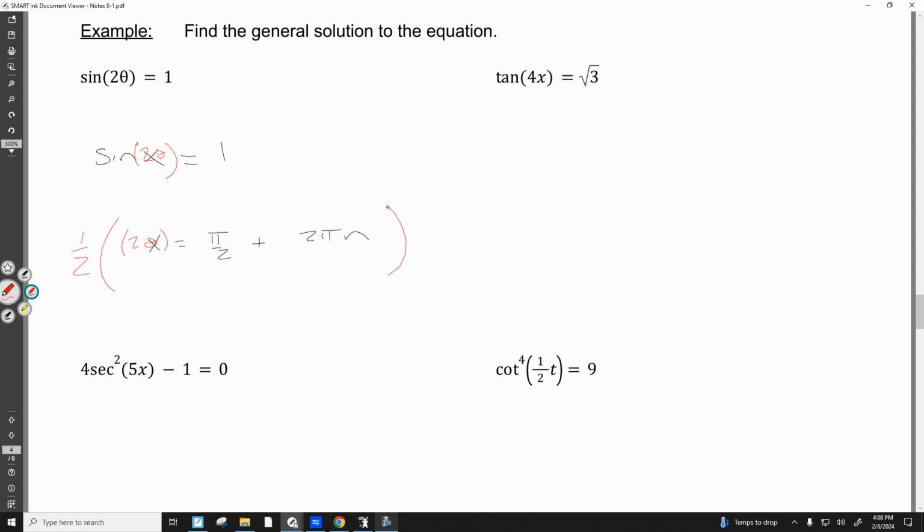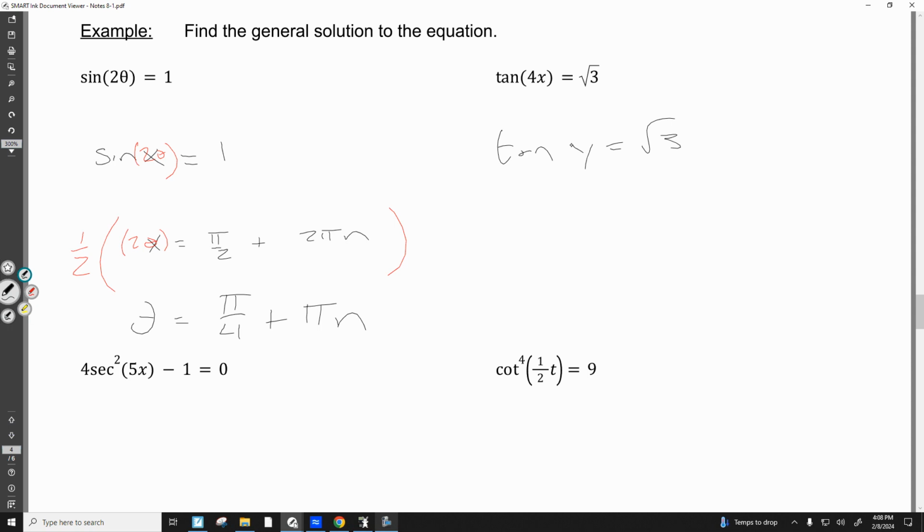This is why on the inside we end up doing the opposite, because we're using an inverse. There's all of your solutions. So again, I just pretend like I have my parent function, maybe with a different variable. Start with your parent function, tangent. Get your solutions, dilate them, or solve for x.